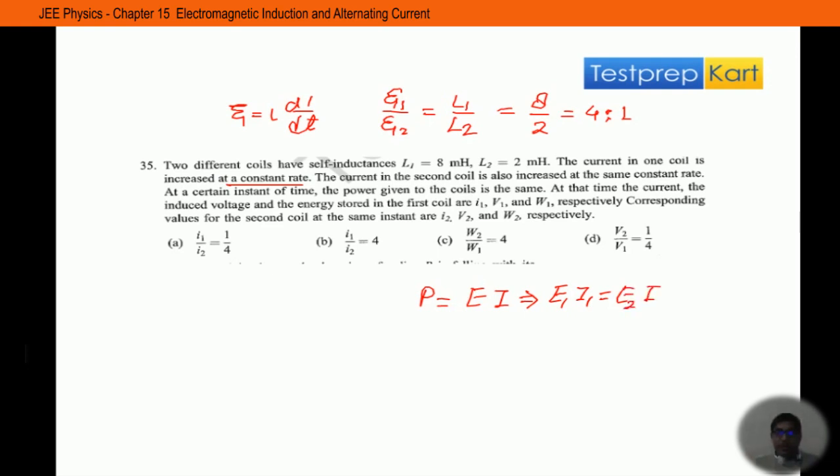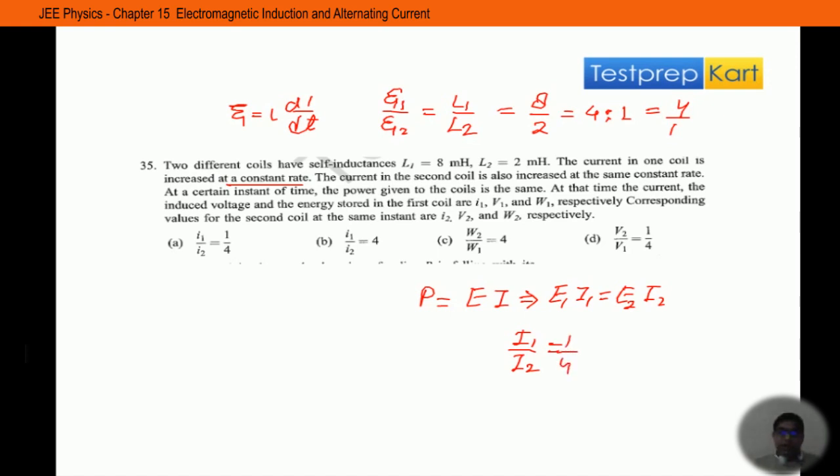So from here we get I1 over I2 is equal to E2 over E1, and we already know E1 over E2 is 4 over 1. So E2 over E1 is 1 over 4.